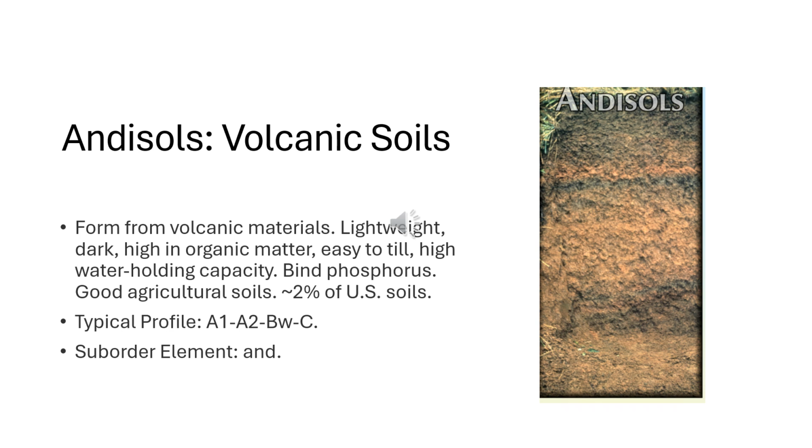Andisols are fascinating because they form in geologically recent volcanic materials. They are typically lightweight, dark, high in organic matter, and easy to till with a high water holding capacity. While they bond phosphorus, an important plant nutrient, tightly, often making it less available to plants, even with that aside, they're still considered a good ag soil.